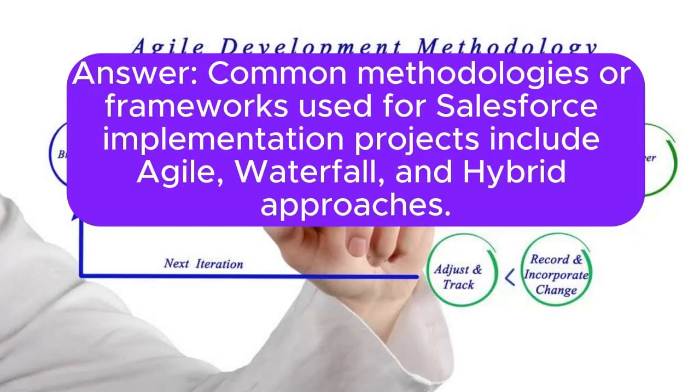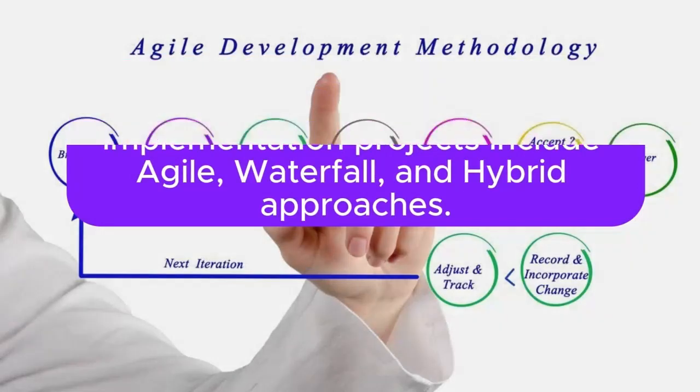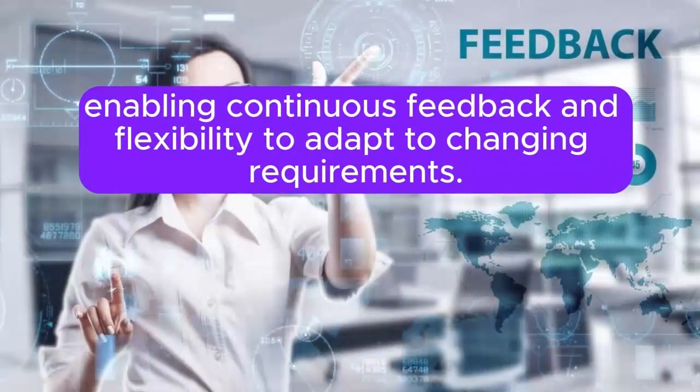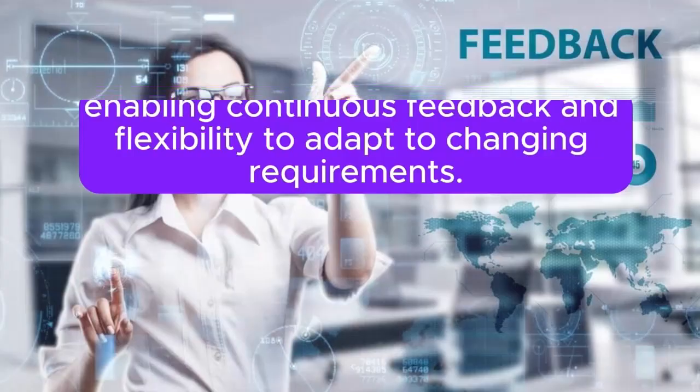Answer. Common methodologies or frameworks used for Salesforce implementation projects include Agile, Waterfall, and hybrid approaches. Agile methodologies, such as Scrum or Kanban, are preferred for their iterative and collaborative nature, enabling continuous feedback and flexibility to adapt to changing requirements.